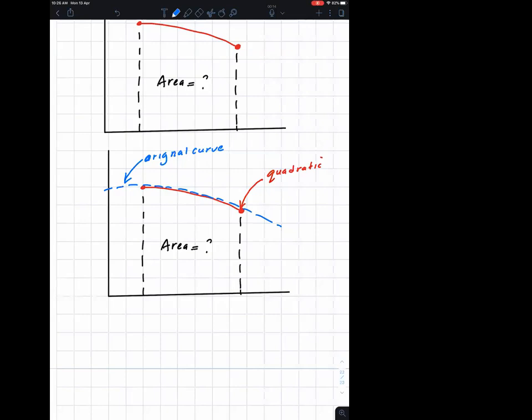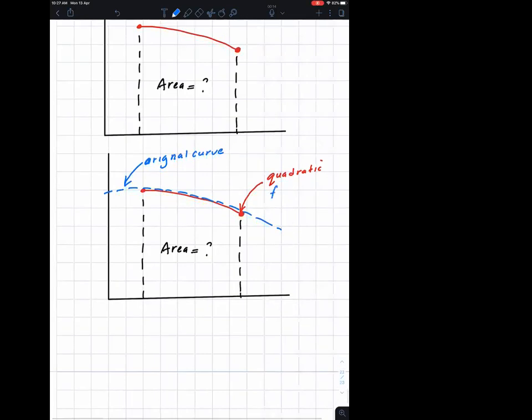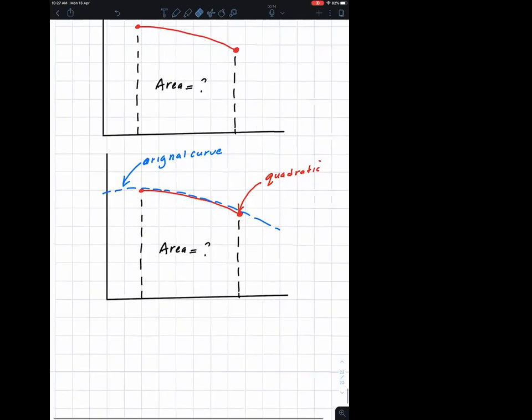So what we're going to do is find a quadratic fit to the original curve.